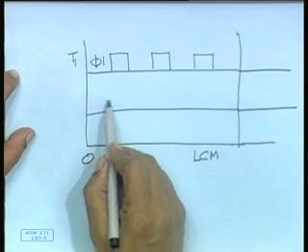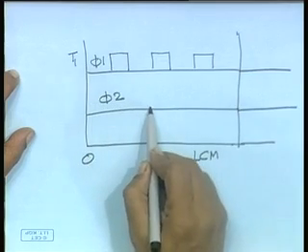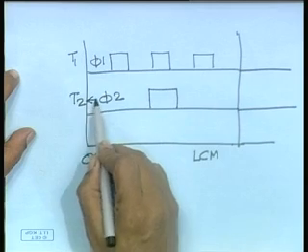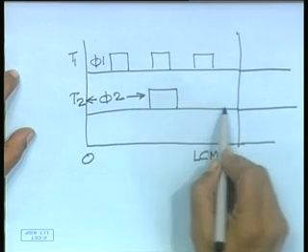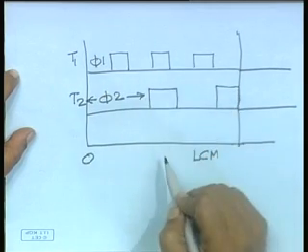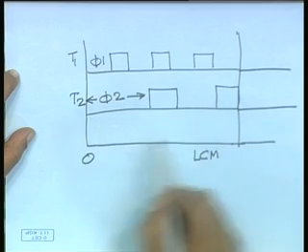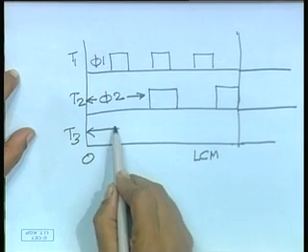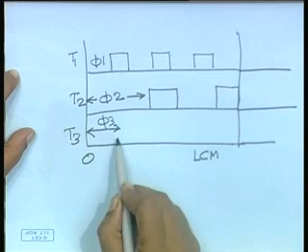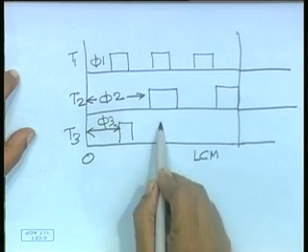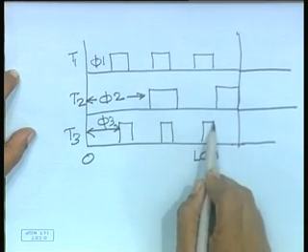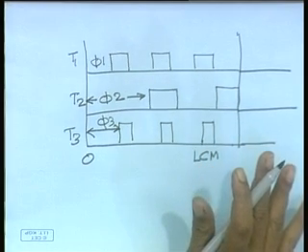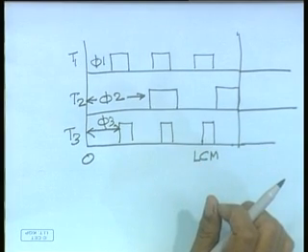After phi 2, task T2 starts and repeats, and the task T3 starts after phi 3 and repeats. So, will the result continue to hold, the LCM result? Yes.